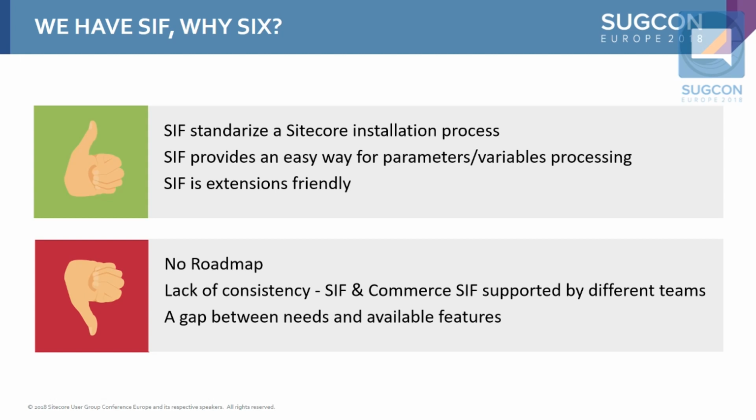It's very easy to extend with other modules and tasks. But from the community and customer perspective, there is no roadmap. We don't know which way SIF will go, or what tasks they would like to implement in the future. And there are also several teams who work on this.